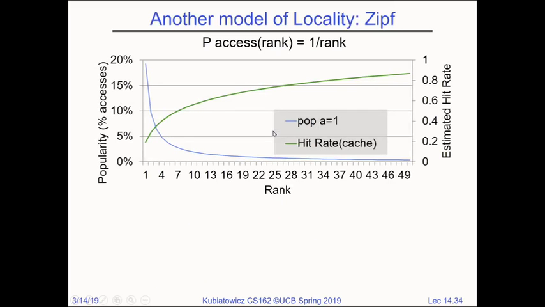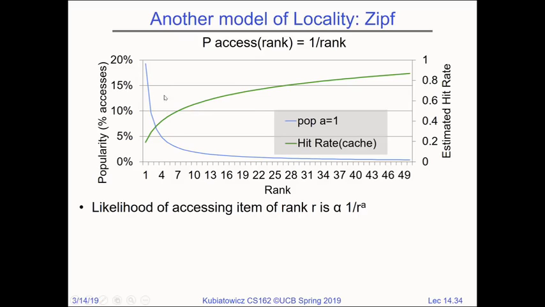All right. So another interesting model is Zipf, however you want to pronounce that, which is an observation that there are a lot of data access patterns where the probability of access falls off as 1 over rank to the A, where A is a number dependent on the actual application.